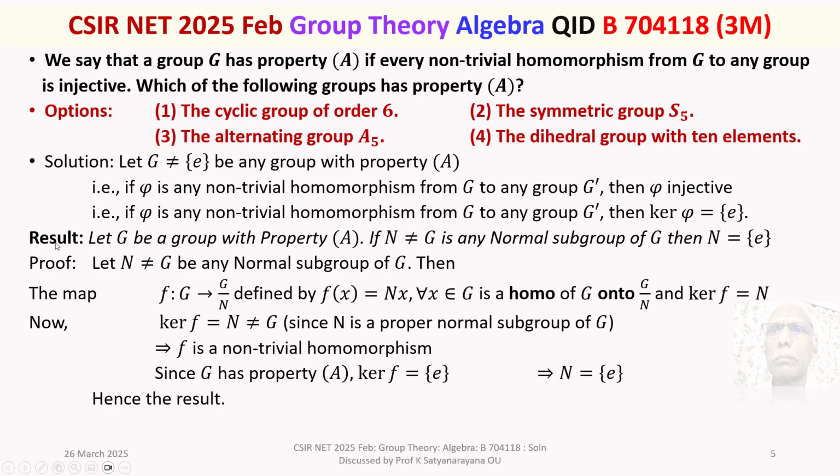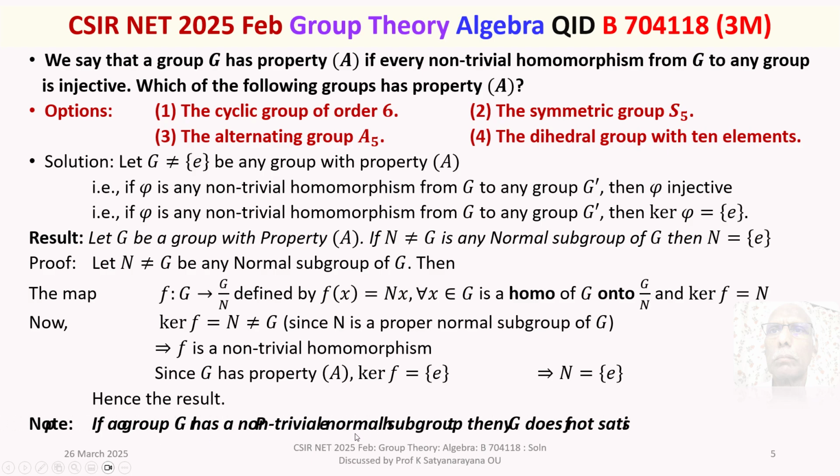Now, read this result carefully and think of its contrapositive statement. That is, if a group G has a non-trivial normal subgroup, then G does not satisfy the property A. Right?